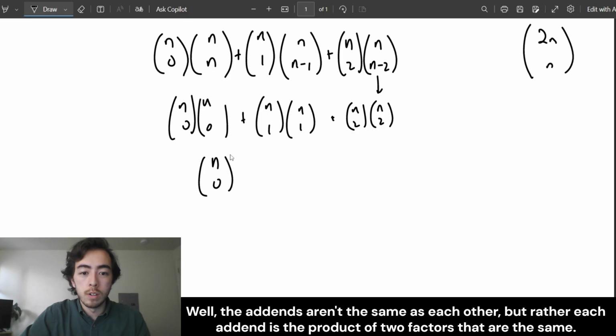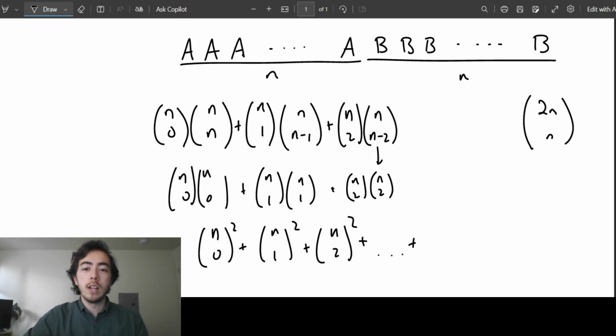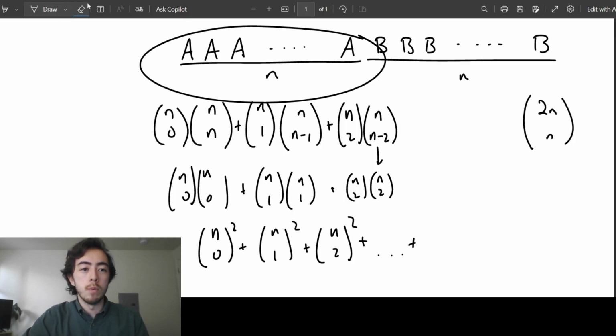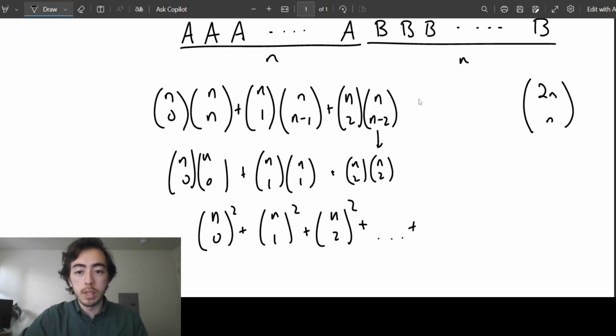So n choose 0 squared plus n choose 1 squared plus n choose 2 squared. And I would just follow this adding pattern until I'm at the place where I'm choosing everyone from group A and no one from group B.